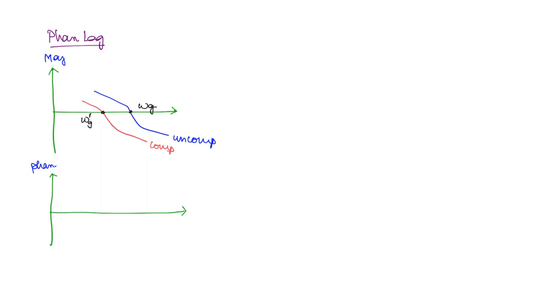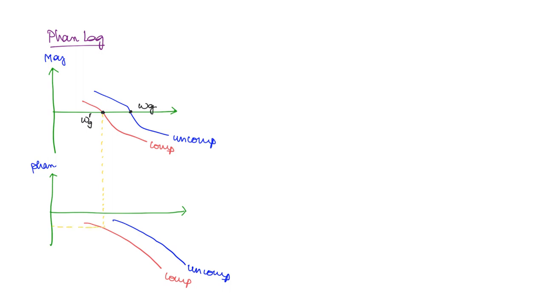Similarly, the phase, let us say this is the uncompensated system. Then the compensated system is going to be lesser at any frequency. If you take any one frequency, the uncompensated system phase is going to be higher than the compensated phase. Now, how do you find out the phase margin? You drop a line onto the phase plot from the gain crossover frequency, right?